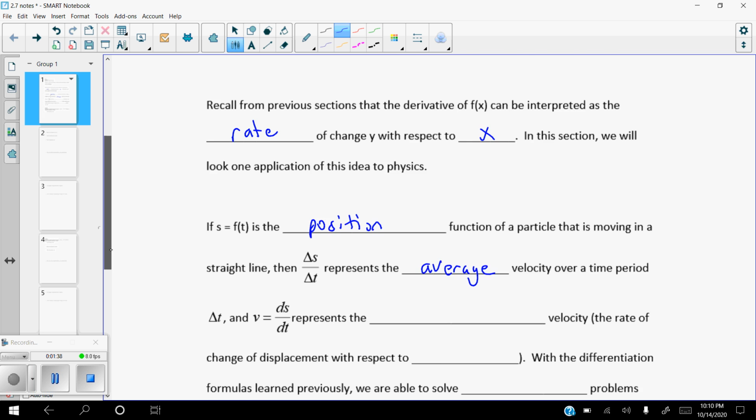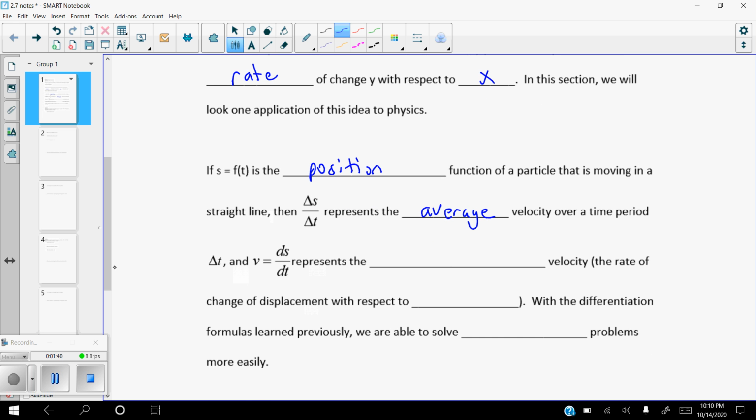Whereas the instantaneous velocity is defined as ds over dt. That's the derivative, so that is the instantaneous velocity, the rate of change of displacement with respect to time. With the differentiation formulas learned previously, we're able to solve velocity problems more easily.